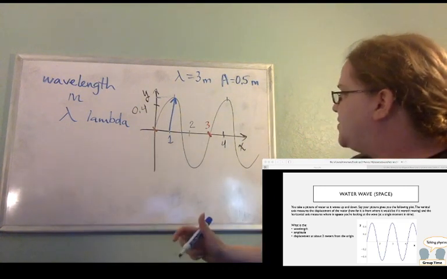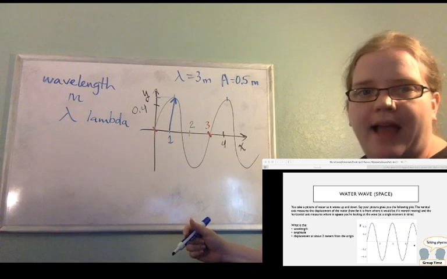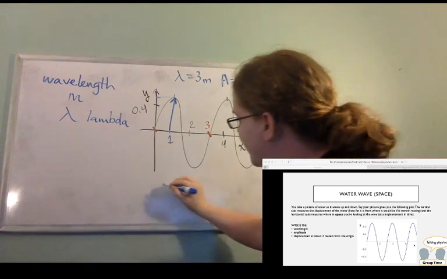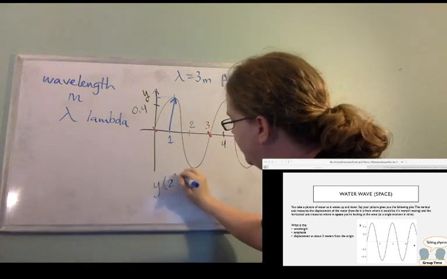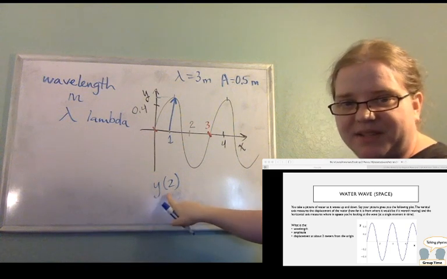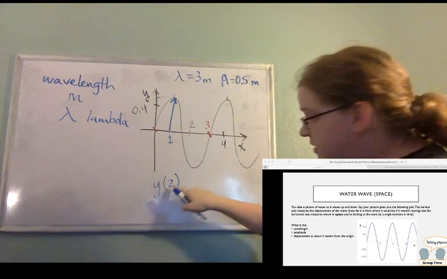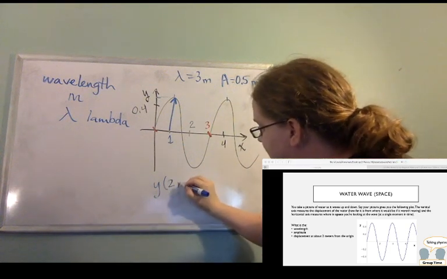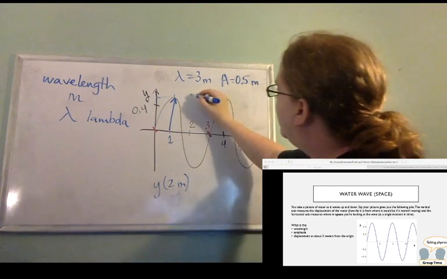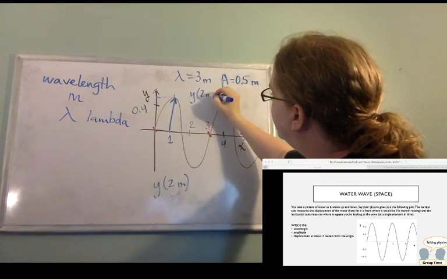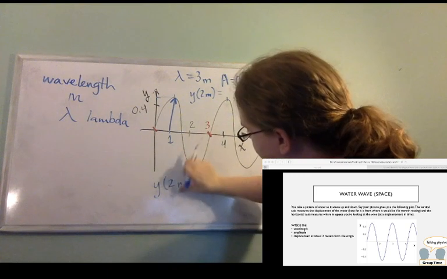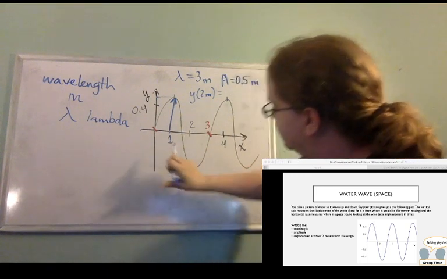All right, and then the next question is, what is the displacement at 2 meters? So I would write that y of 2 meters, because y is my displacement, and then it's at 2 meters. Okay.